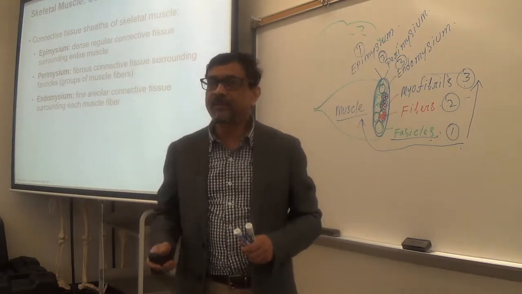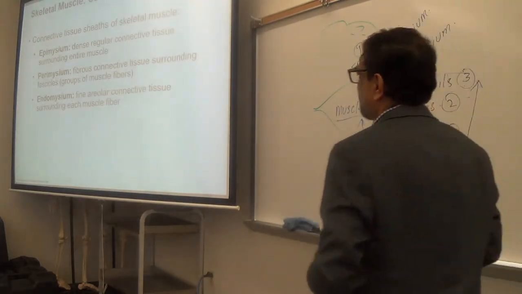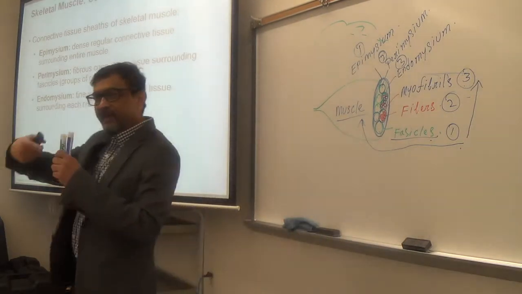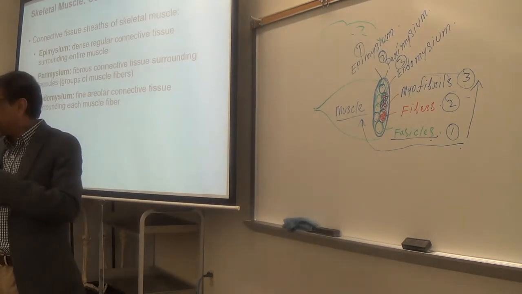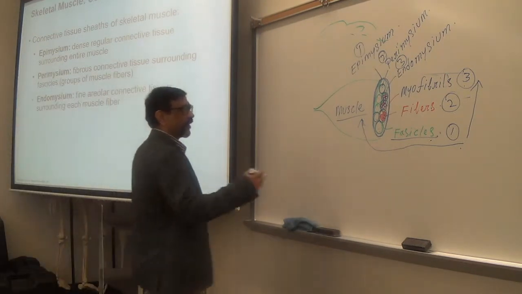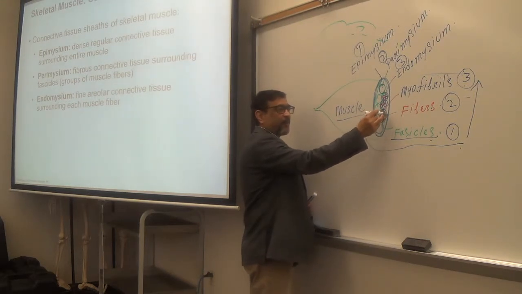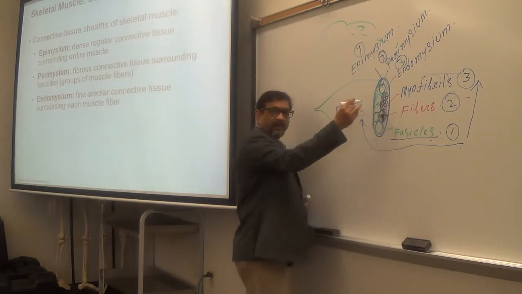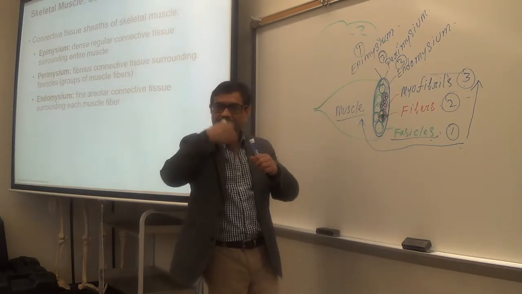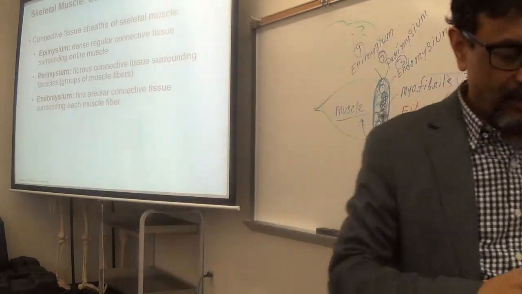Those are the three connective tissue coverings. These layers help to protect the muscles. If any infection or injury or inflammation occurs here, the covering will not let the microorganisms spread easily. So, protection.